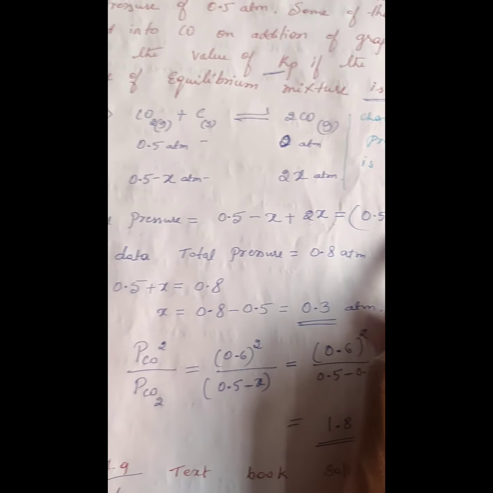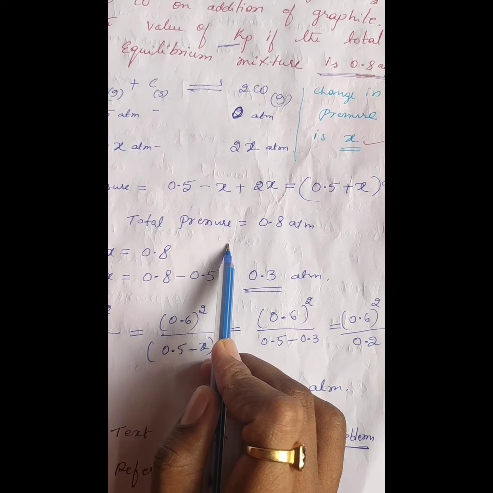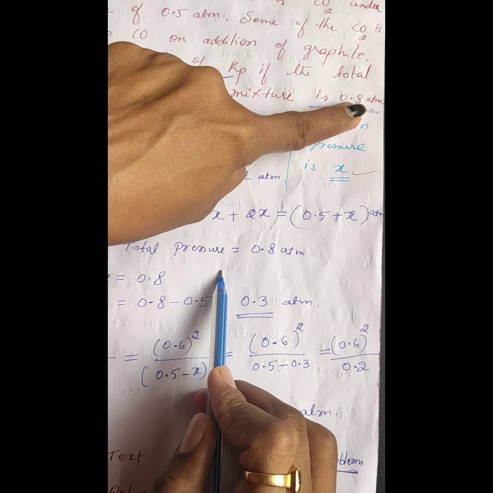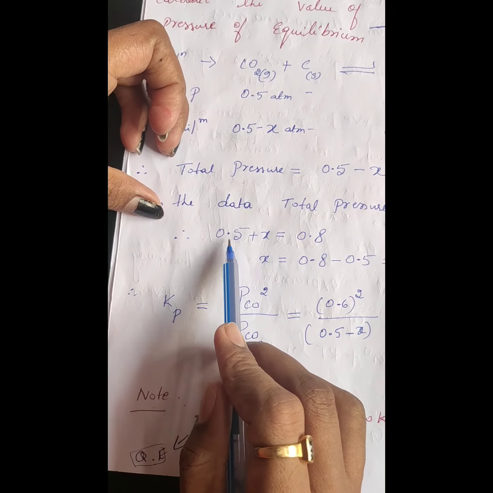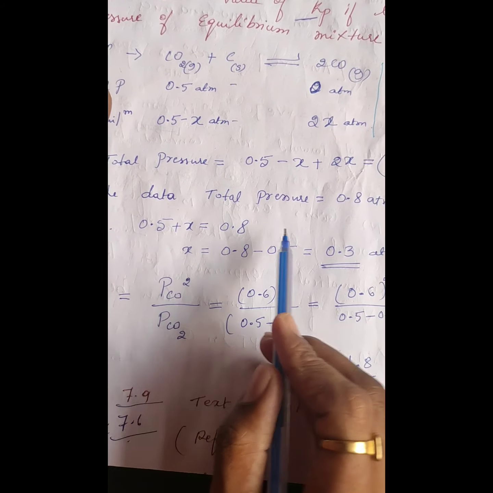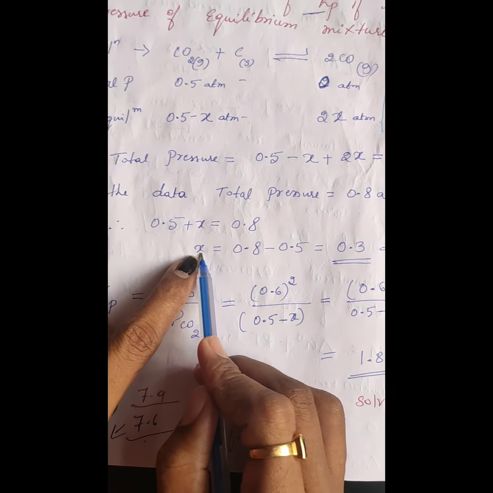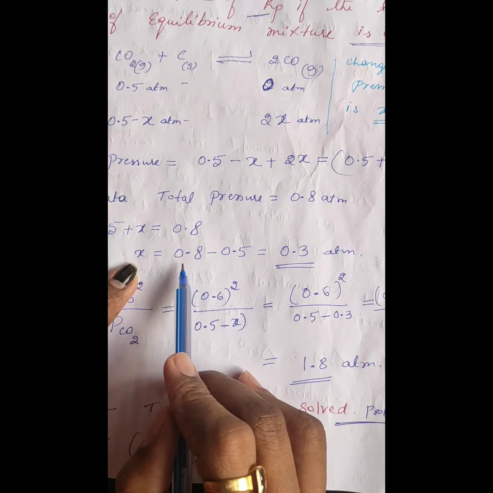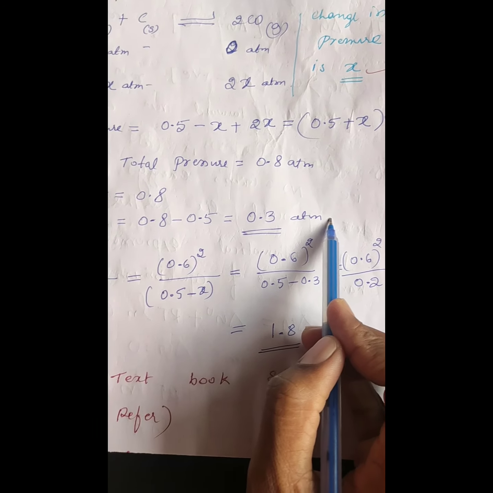That can be equated to 0.5 plus x, because minus x and plus 2x will be equal to x, as you know. Now children, from the data, the total pressure is given, isn't it? The total pressure of the equilibrium mixture is 0.8 atm, so I will equate 0.5 plus x to 0.8. Just rearrange so that you get the x value: x equals 0.8 minus 0.5, that is 0.3 atmosphere.